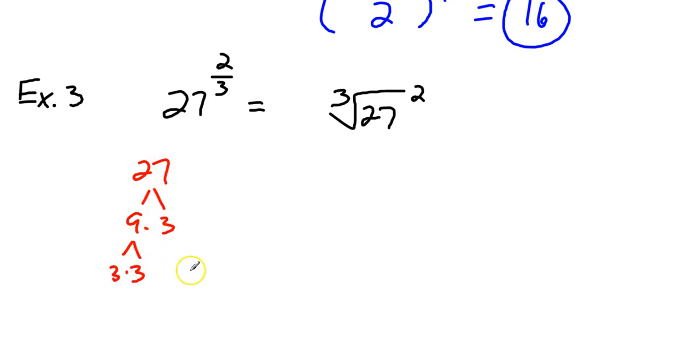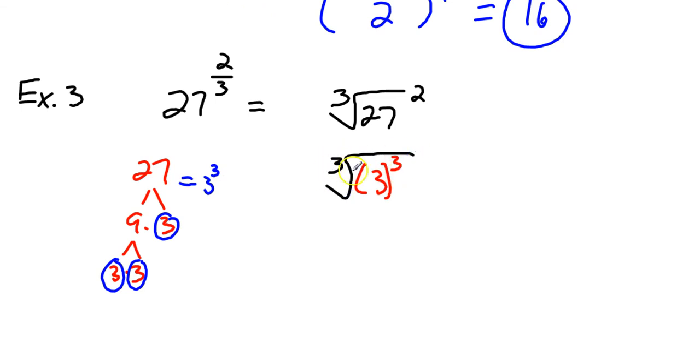So 27 will be the same thing as 3 to the third power. Okay, and if you can get that power to match that root, they'll cancel each other out. So that third power and that third root knock each other out, leaves you with just a 3. Then you're going to do 3 squared, and 3 times 3 is 9.